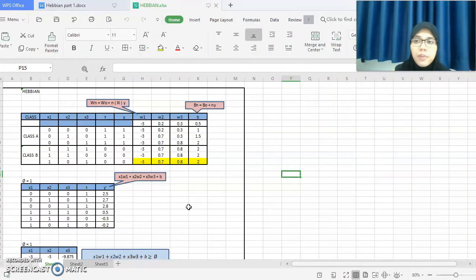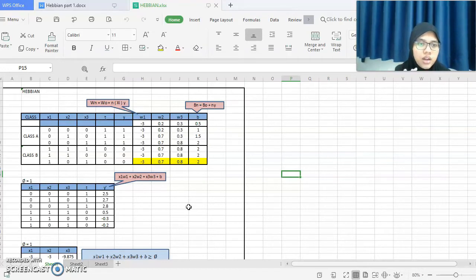So for my part, the sequence will be from the top to bottom, meaning from the top will be class A and then continue with class B, as we can see here. For our W1, W2 and W3, we have set it up to be -3, 0.2 and 0.3. As for B, we set it up so that it is 0.5.